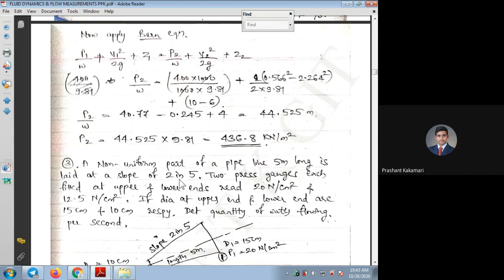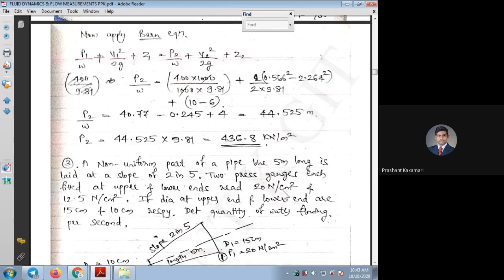Now we'll see how to convert this slope of 2 in 5. It is laid like that, having the slope of 2 in 5. Two pressure gauges are fitted at the upper and lower ends. We don't know which is upper or which is lower end.